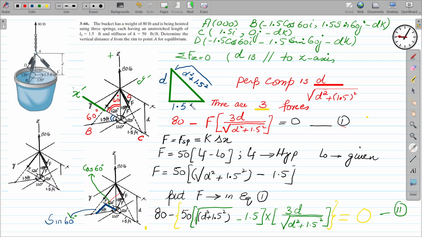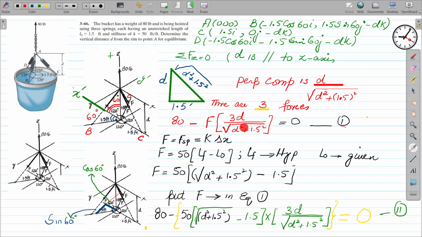Now if we take the sine component of this, why? Because we want a perpendicular d length. So it will be nothing but d over the square root of d square plus 1.5 square. Since there are three forces and we apply sigma Fz, the vertical force along the z-axis is 80 pounds along the positive z, and the force F component along the z-axis will be F into d over the square root of d square plus 1.5 square.